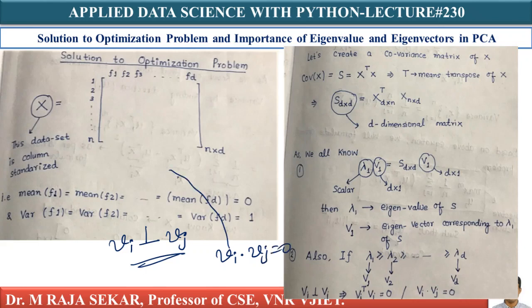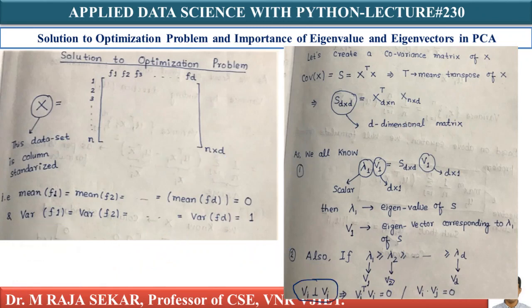This can also be written as Vi transpose Vj equals 0. Why? Because the dot product gives cos 90, and cos 90 is 0.